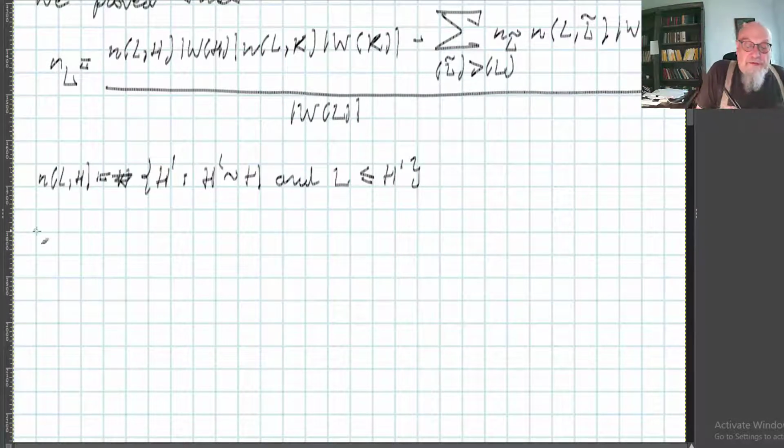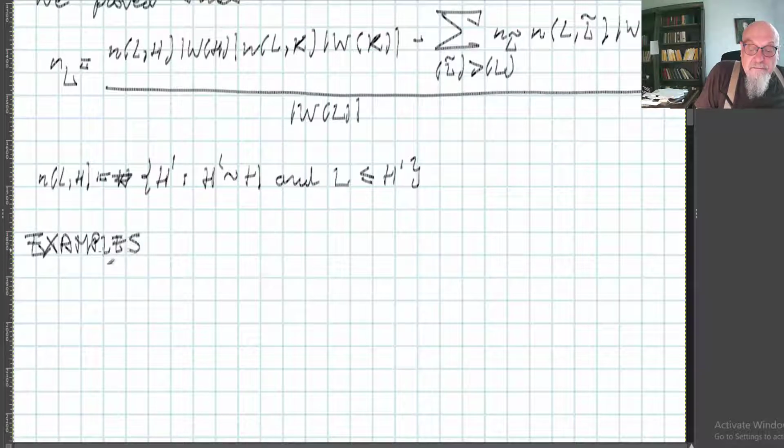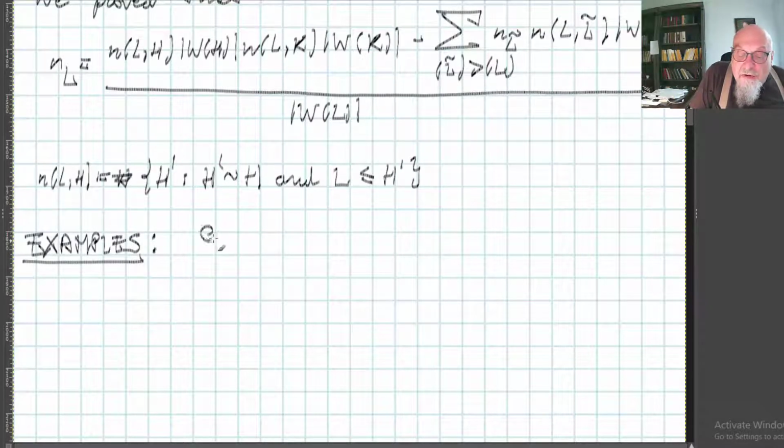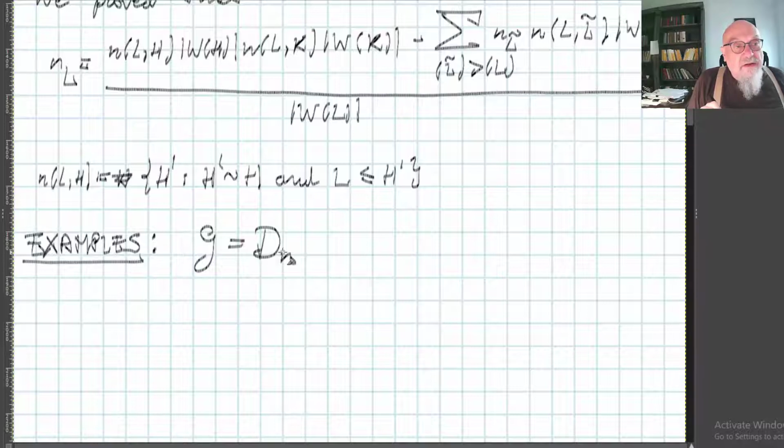So our first example, examples. Our first example is just simply take our group G to be the dihedral group of the n-gon. This is the n-gon, but in our case we assume n is odd.